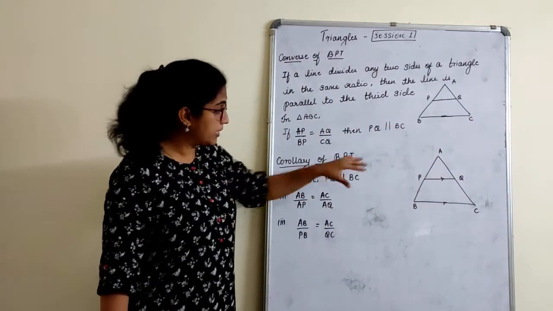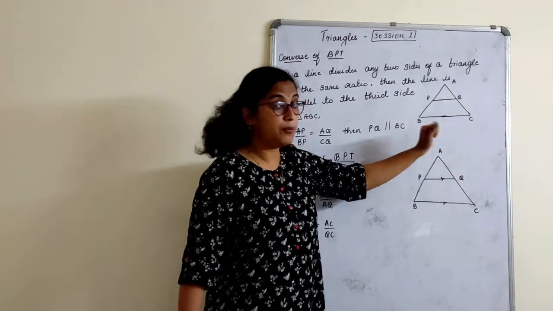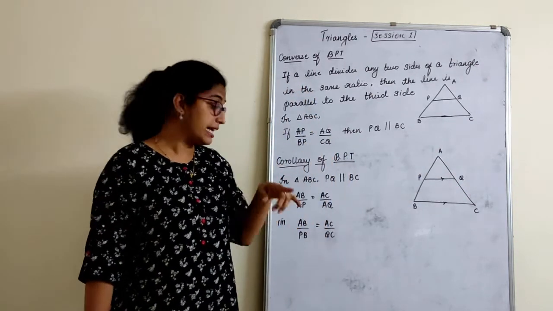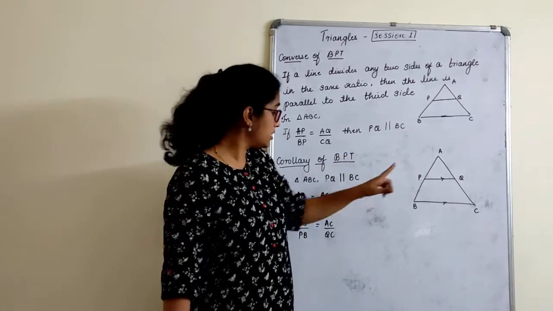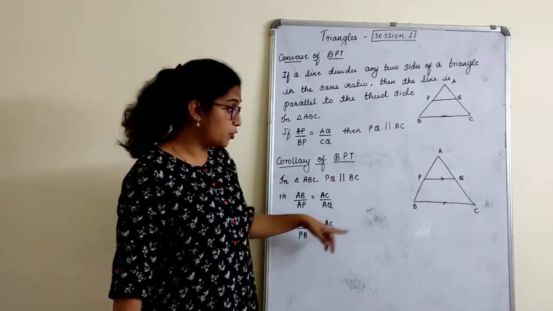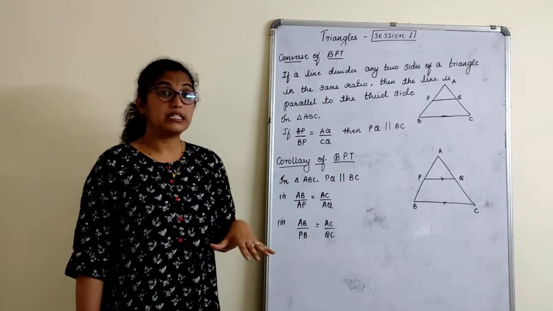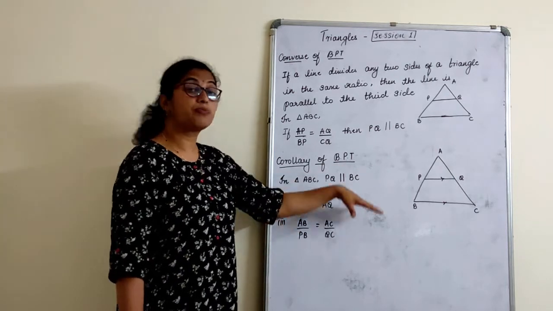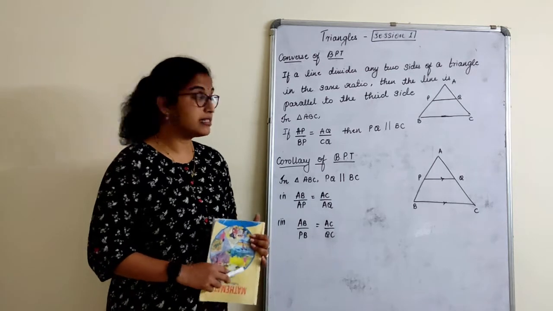AB upon AP, the whole upon part, is equal to the other whole upon the first part. Second corollary, again the whole upon the second part is proportional. So these are the corollaries of BPT which we also use in solving riders and numerical sums.